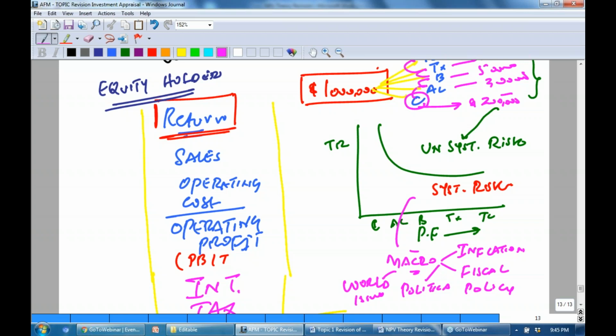The media industry is affected lower because everyone is watching media. So different industries have different dynamics.